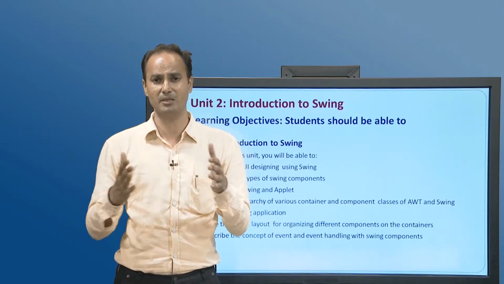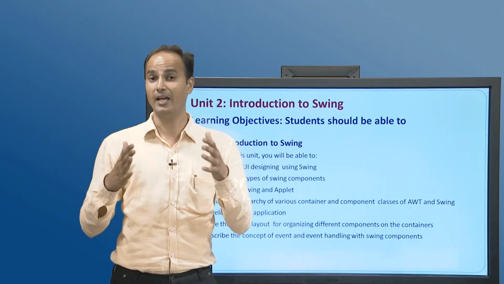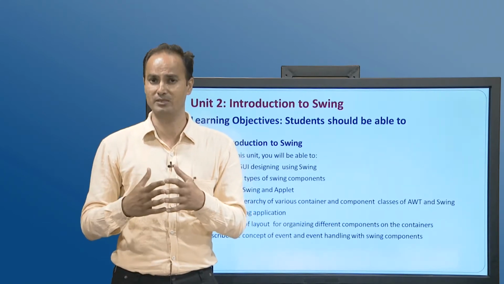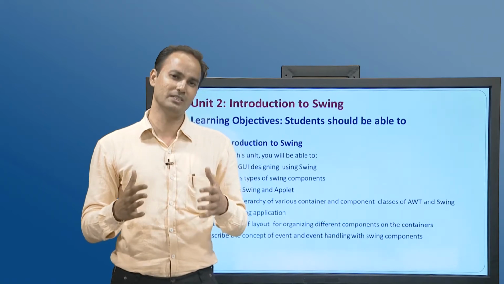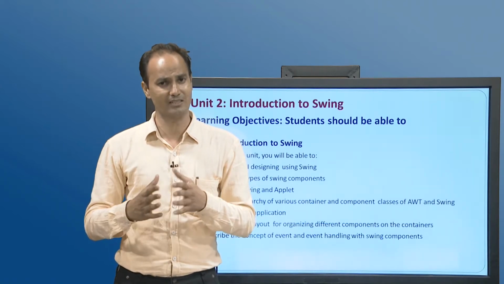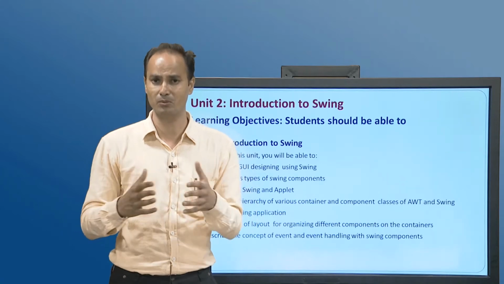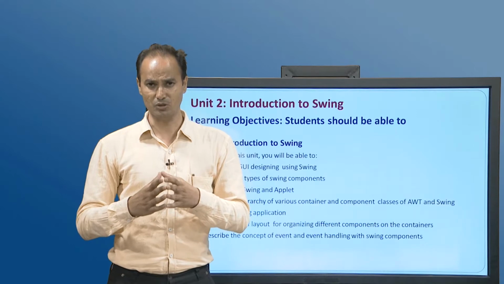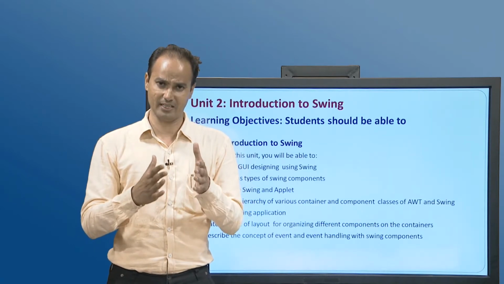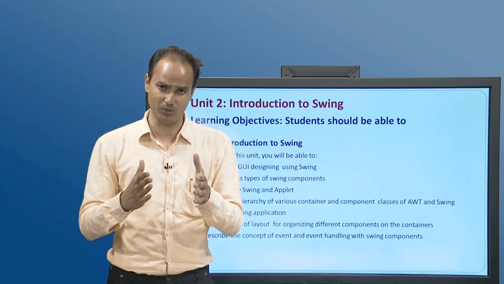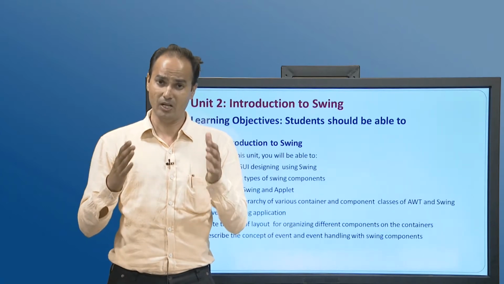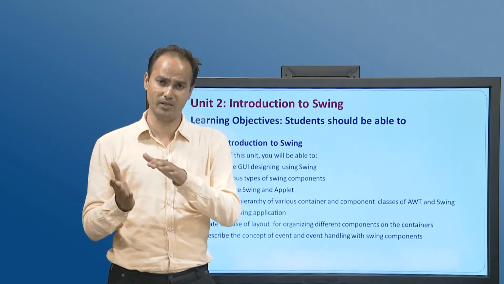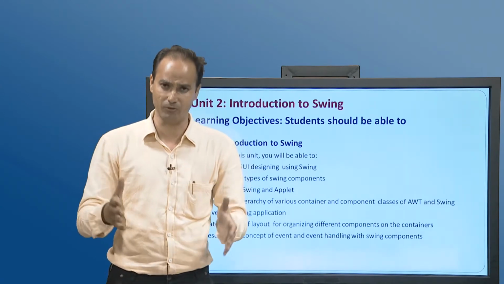In that sense, AWT components are sometimes known as heavyweight components, as they consume more resources, while Swing components are known as lightweight components, as they consume fewer resources and provide better performance. Apart from this, Swing components also provide a pluggable look and feel, so we can have a different environment look and feel in our Swing environment.